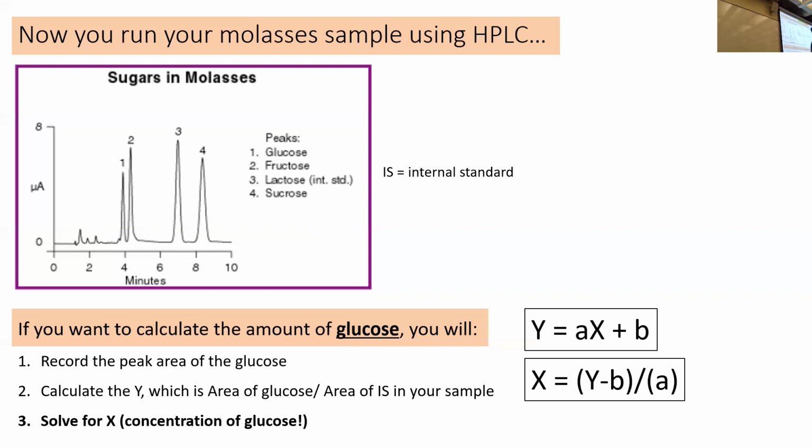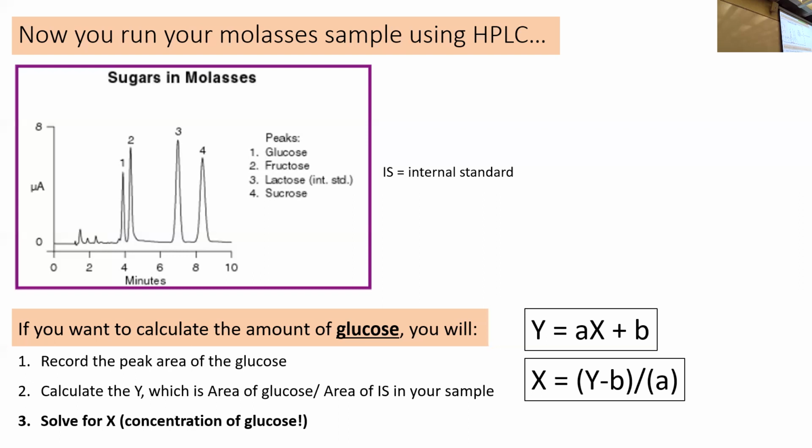Any other questions? Yes, I can't hear you, Samira. With the internal standard, the ratio of the areas between the analyte and the standard changes with loss. Yeah, so the glucose or sucrose are going to change in this ratio, and we use that ratio to correct for the loss.